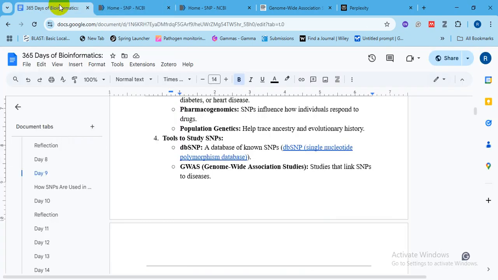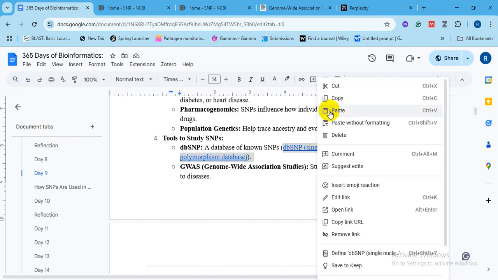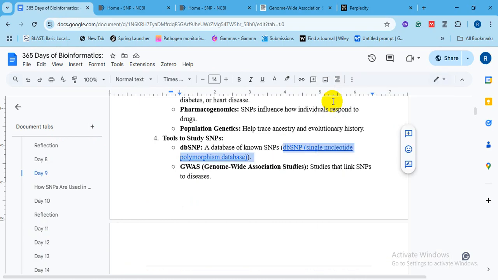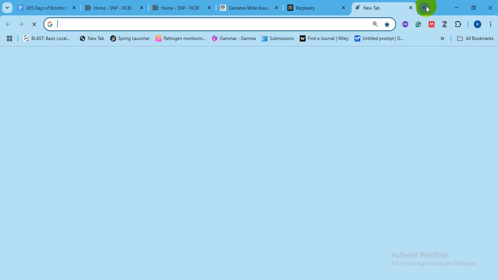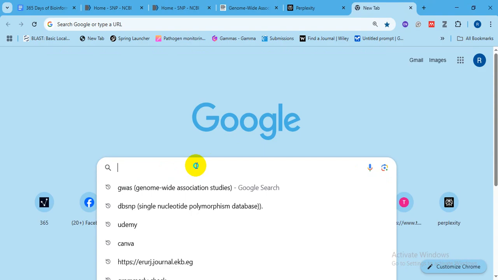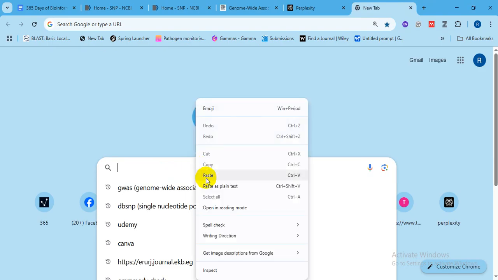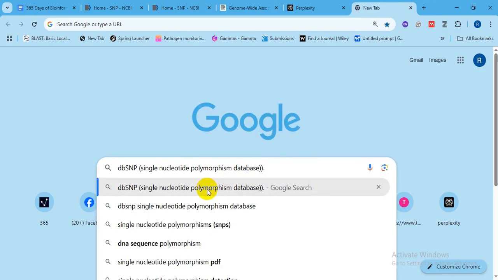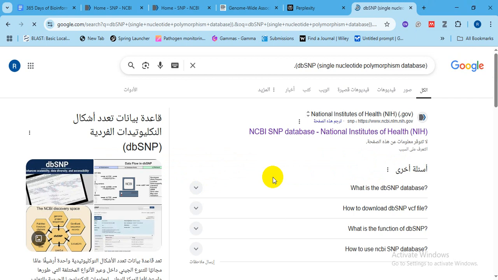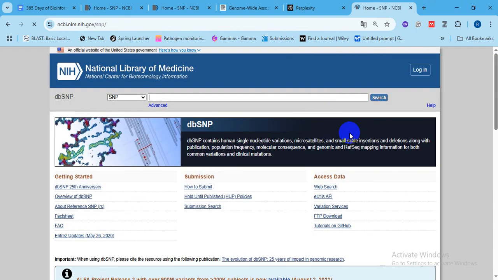I will do exactly what I have done: I take its name, I take a copy, I go to my browser. It is the first one. Voila, this is the database.